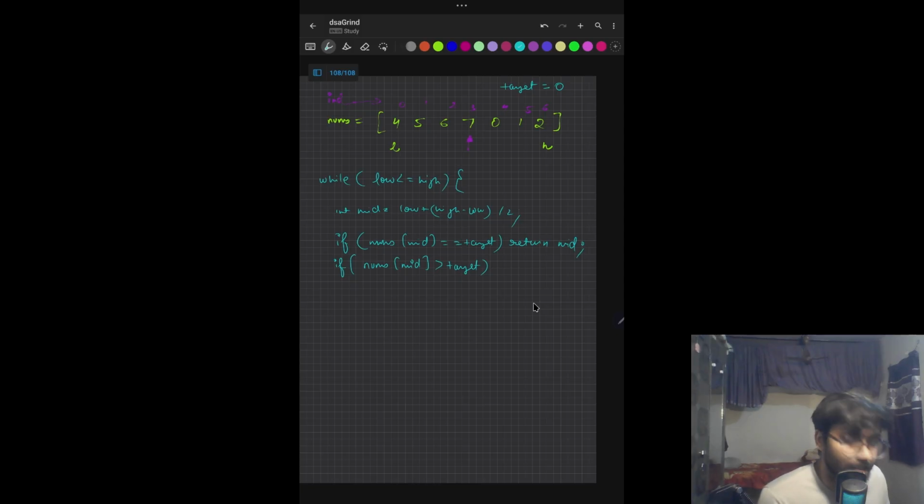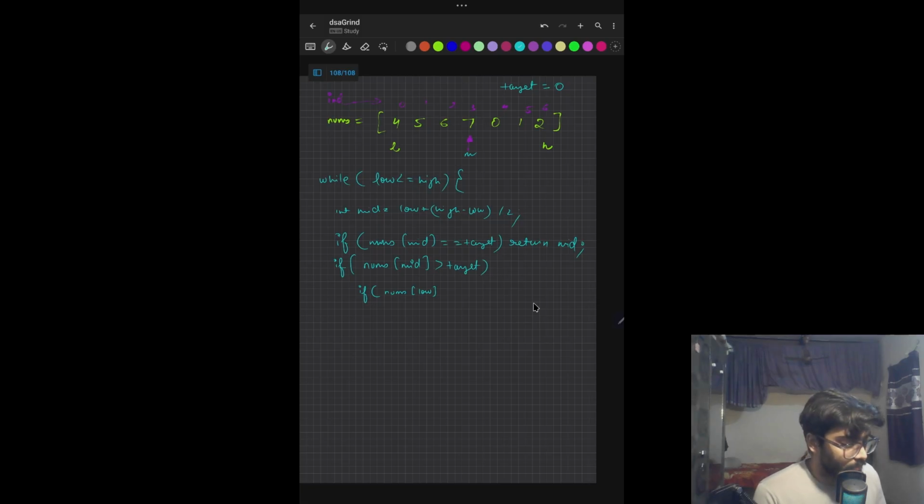We have to check whether mid is in the sorted part.